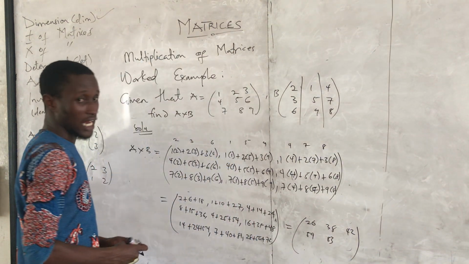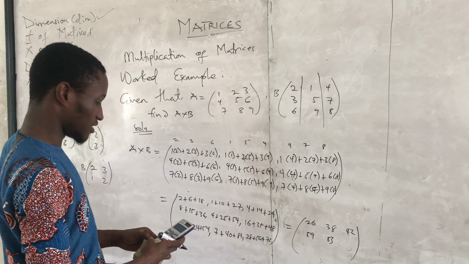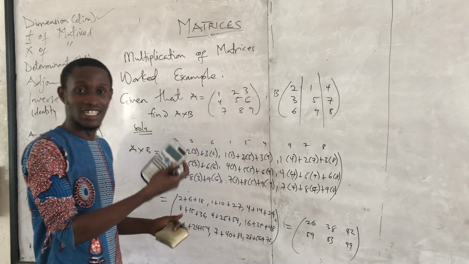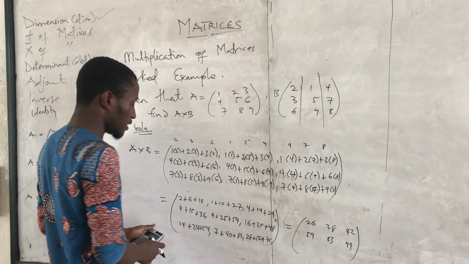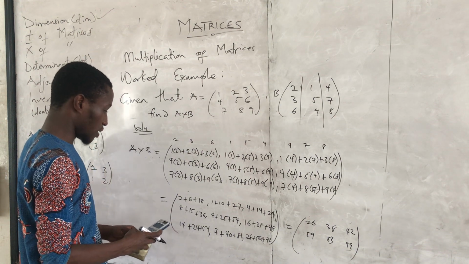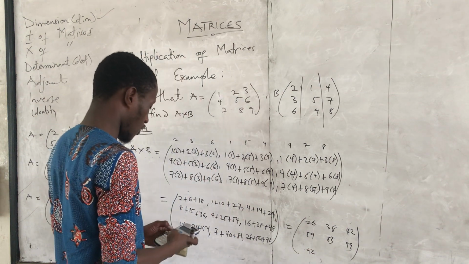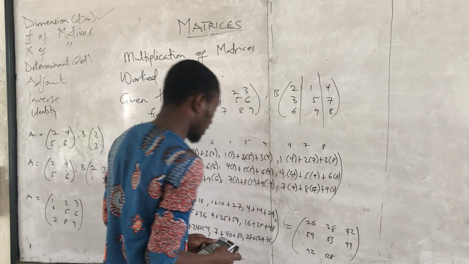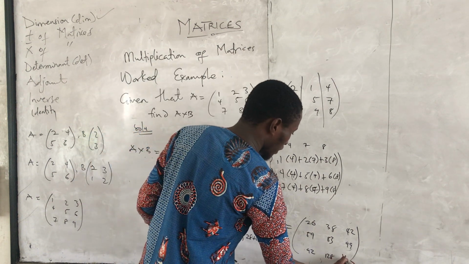Then we do the last row. 16 plus 35 plus 48, I will use my calculator. That's why they give the calculator. It's there to help you. So calculator will help you do it fast and avoid mistakes. 99. Then 7 plus 8 times 5 is 40 plus 81: 128. Then 28 plus 56 plus 72 is 156.